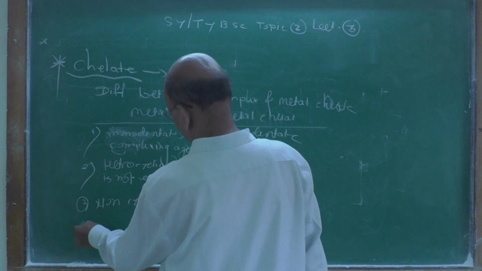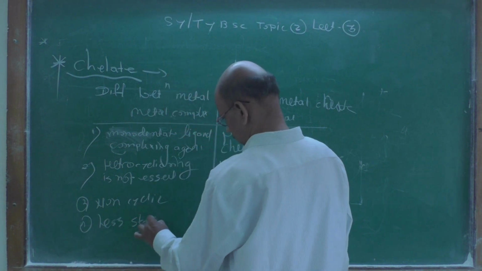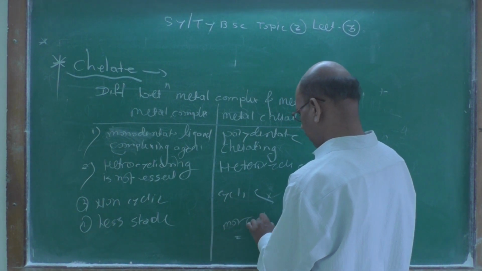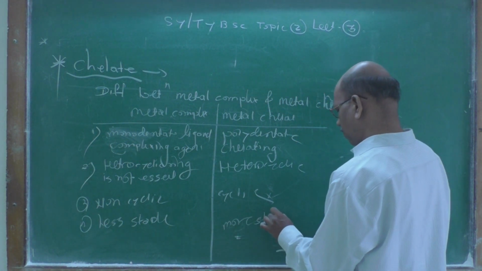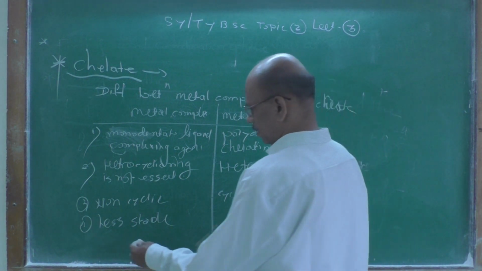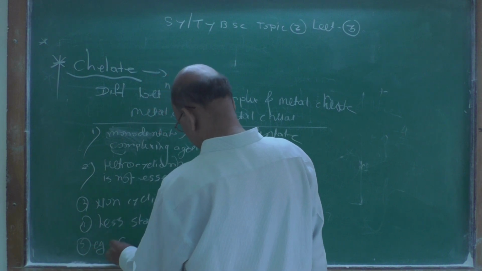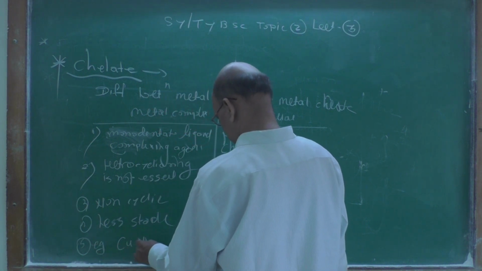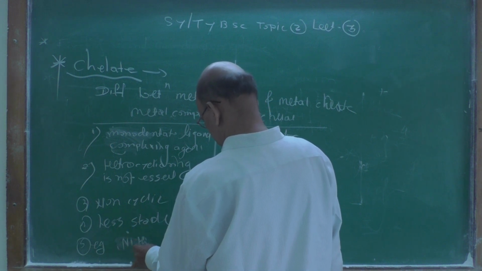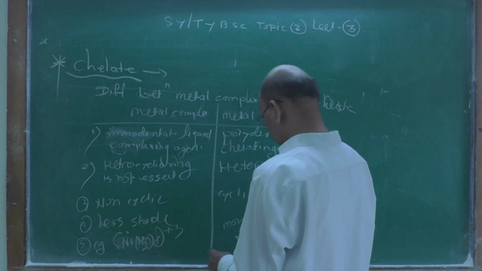Fourth point, it is less stable, whereas the other is more stable. Fifth point, an example of metal complex is Ni(H2O)6 3+.